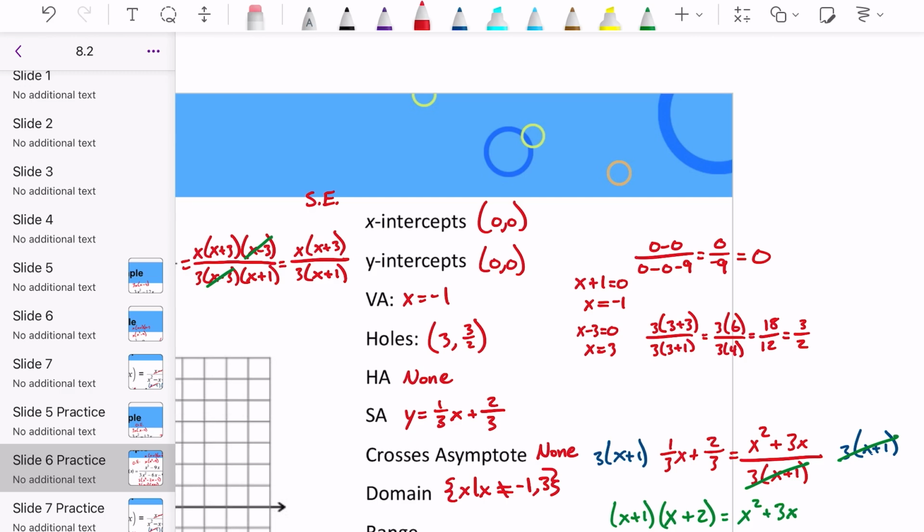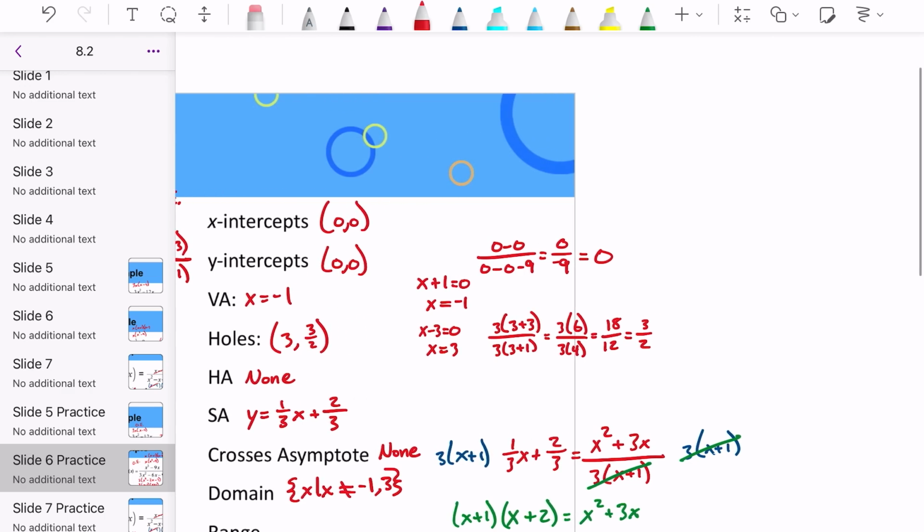As we do that, we would go ahead and write 0 is equal to x to the third minus 9x. Now you can use the original equation.